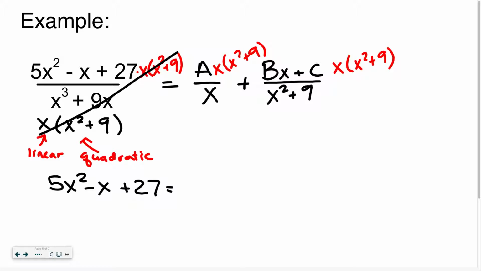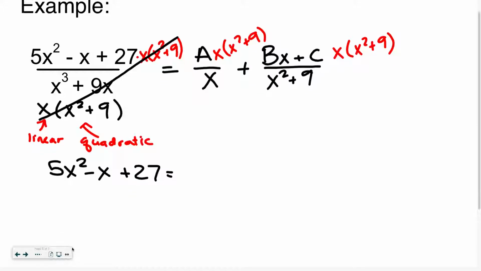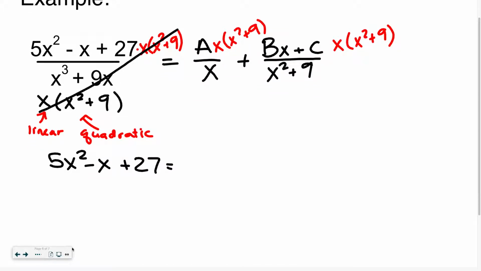Think about what's left over on the right when you multiply by your LCDs. Your x's will cancel, so you have a times x squared plus 9. Your x squared plus 9's will cancel, and then do you see how you have x times your numerator bx plus c? You need to protect your numerator with a set of parentheses.